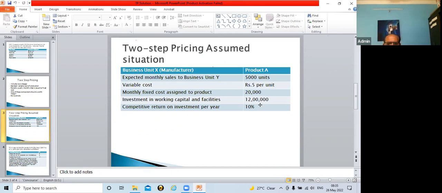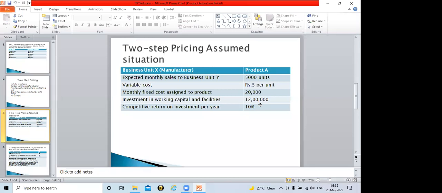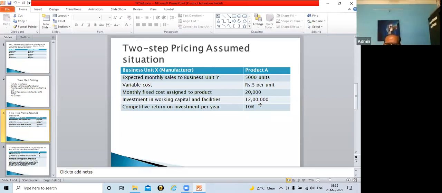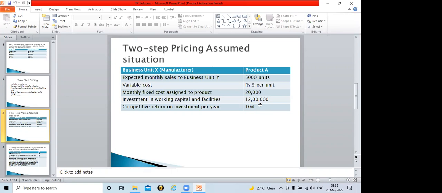How much for one month? In a year, how many months are there? 12 months. So 1,20,000 divided by 12. Calculate. So 10,000.